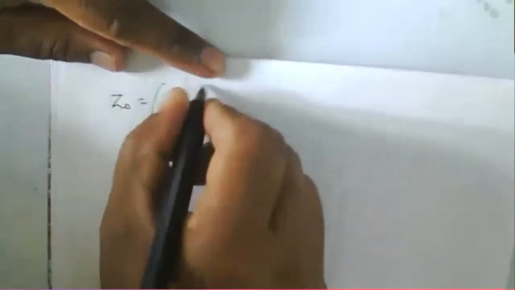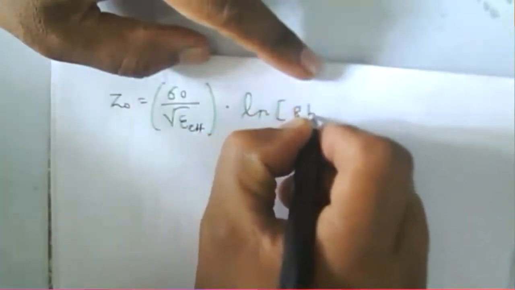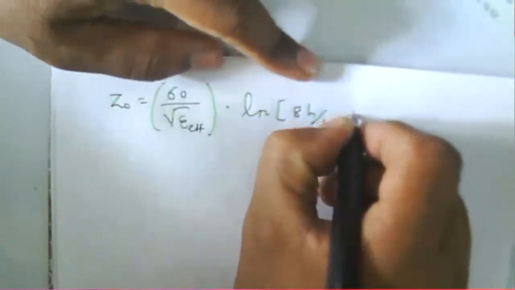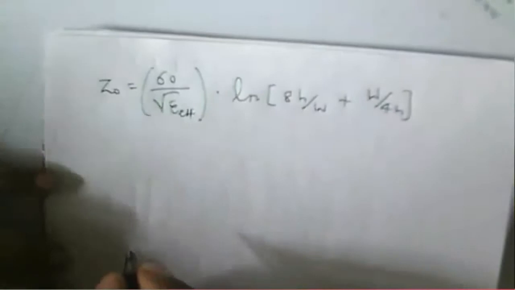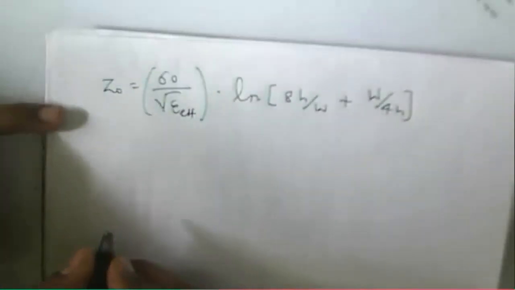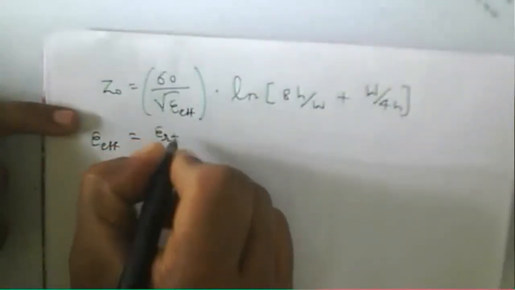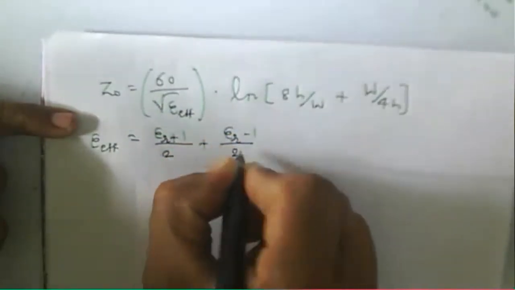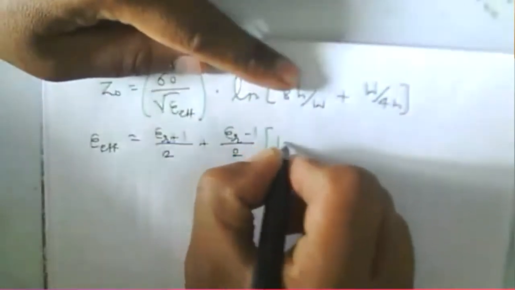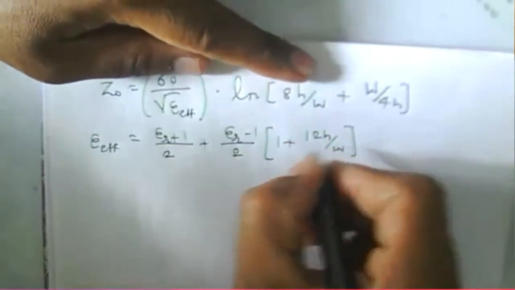So now using this, we can calculate W by H, because our aim is to calculate the characteristic impedance of a line. So characteristic impedance Z0 is equal to 60 by root epsilon effective, natural logarithm of 8H by W plus W by 4H. Now we need to calculate the epsilon effective.